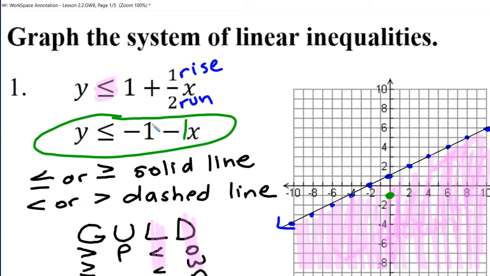If my slope is negative 1, do I go up or down? From negative 1, go down 1, right 1, down 1, right 1. The opposite of down 1, right 1 would be up 1, left 1.